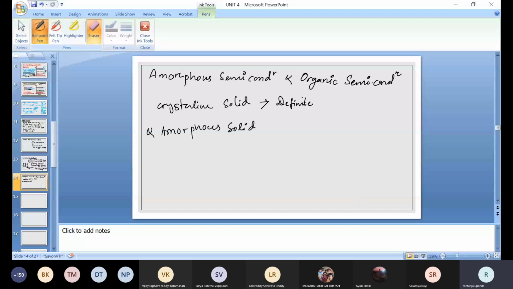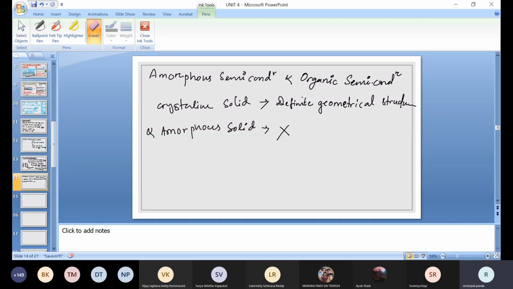But an amorphous solid does not have this definite geometrical structure. In this case, you don't see any long range definite structure like in a crystalline solid. Here, whatever structure you see is very short range.